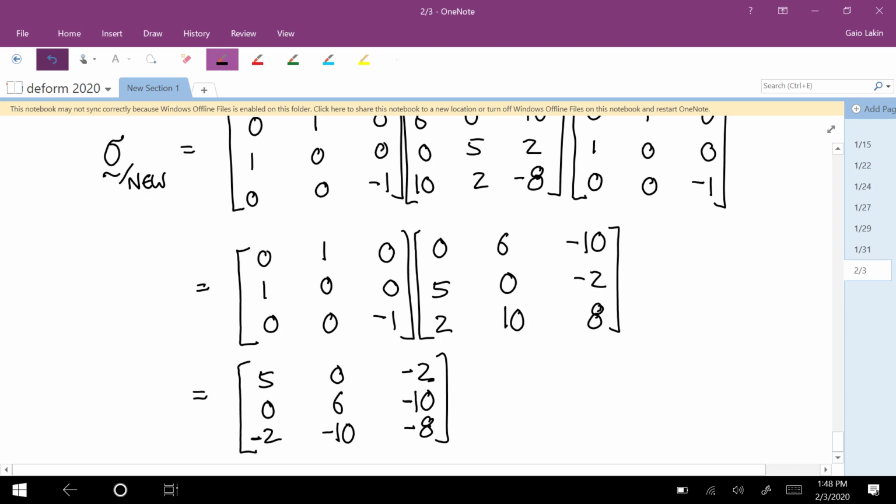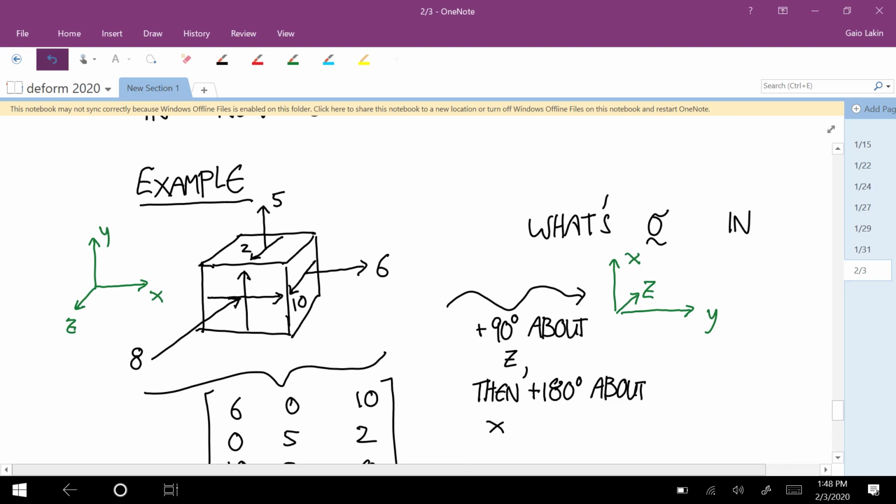Okay. Can we make any sense out of whether this is right or not? In this example, we can, because this cube in this coordinate system, all the faces are still aligned. They just have different names. So in this coordinate system, this would be our x face.